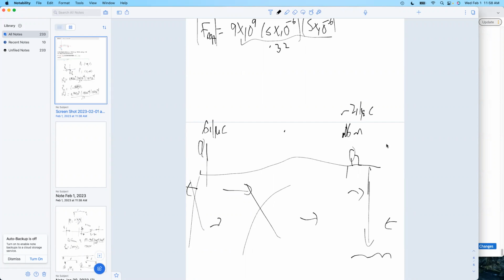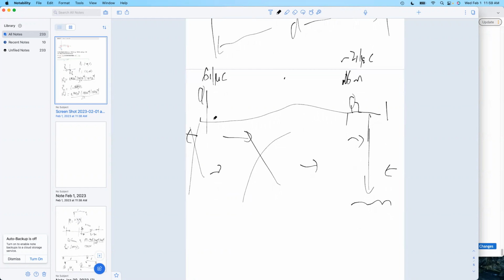Okay, so I'm going to call that D, and this whole distance from here to wherever it is, I'm going to call that D. Then my equations will be, because we're doing the electric field, where the electric field is equal.